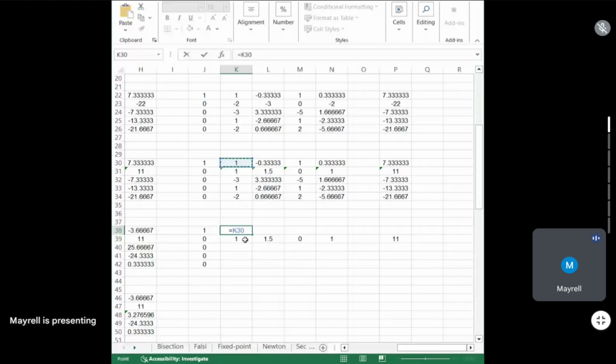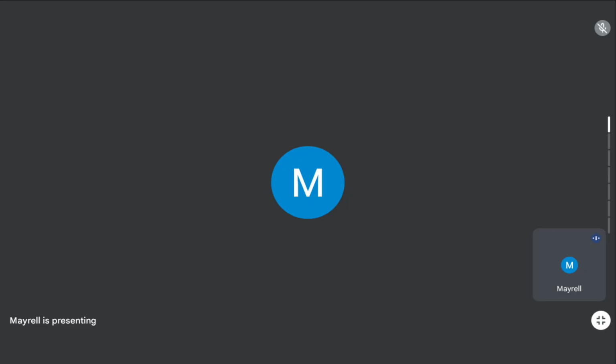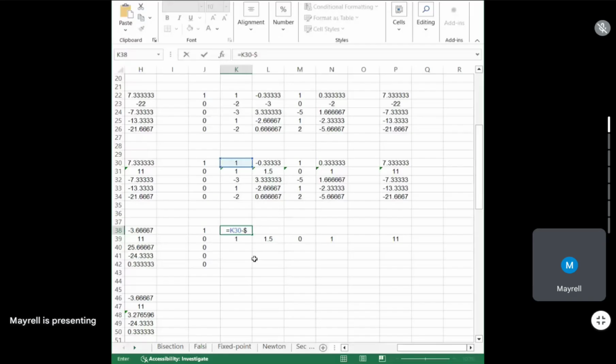So this is in cell K30. So K30 times row 2. Okay. So 0 na siya. You can drag for the rest.